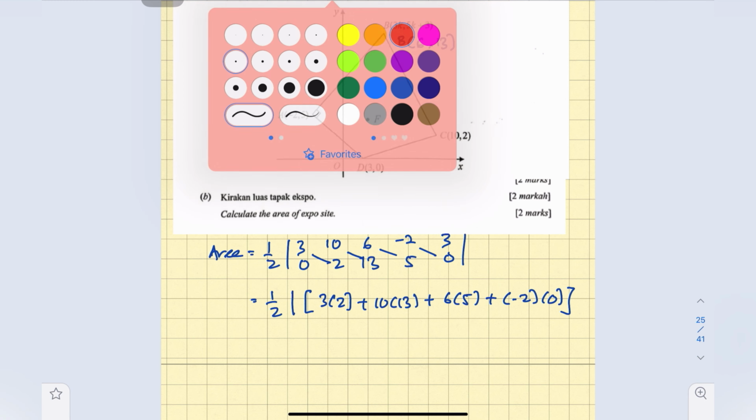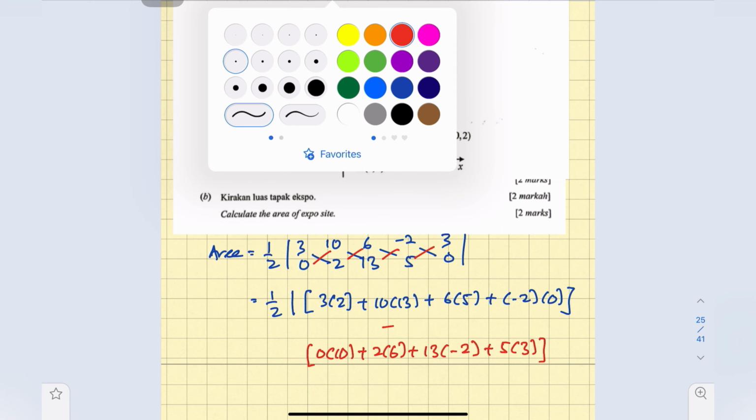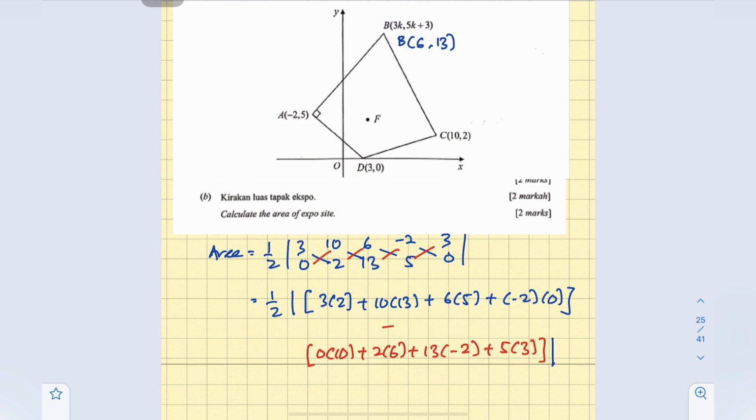Okay, then minus the opposite direction: 0 times 10 plus 2 times 6 plus 13 times negative 2 plus 5 times 3. Okay, so then this one is 1 over 2.